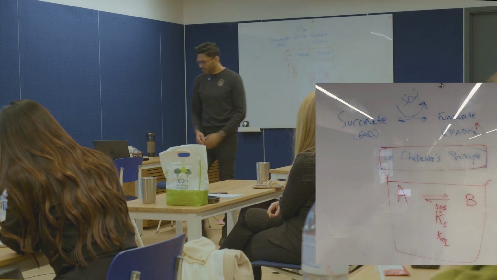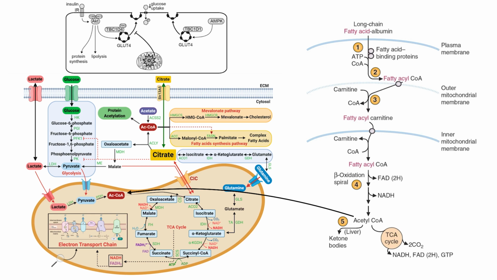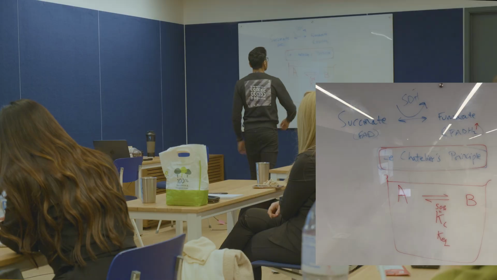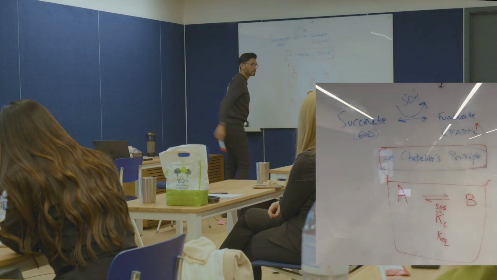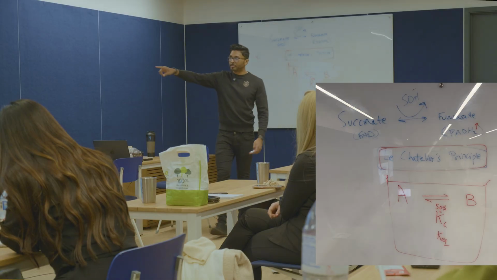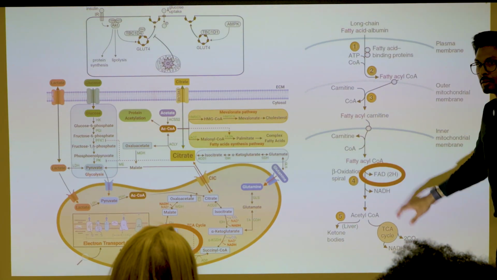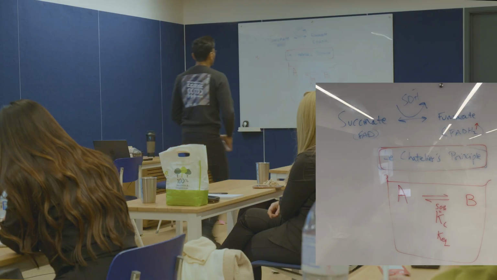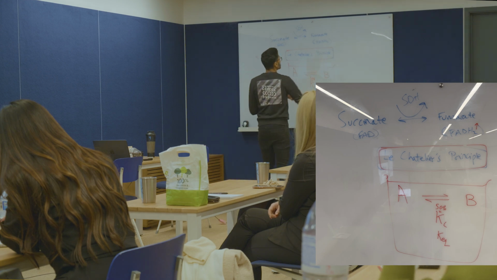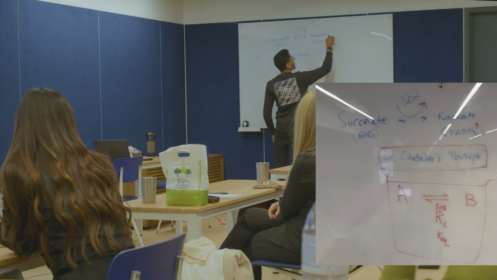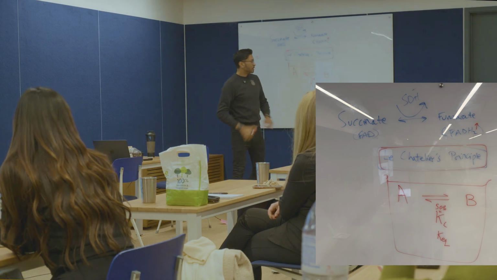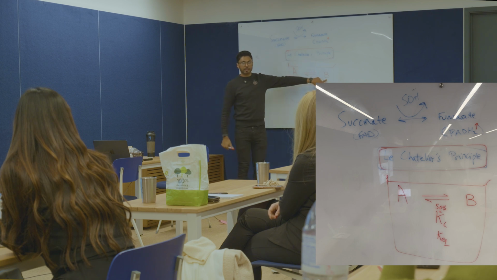What do you notice about this reaction here where FAD comes in? That arrow has two ends. When we are burning fat, we are adding this, so what does the equation do?